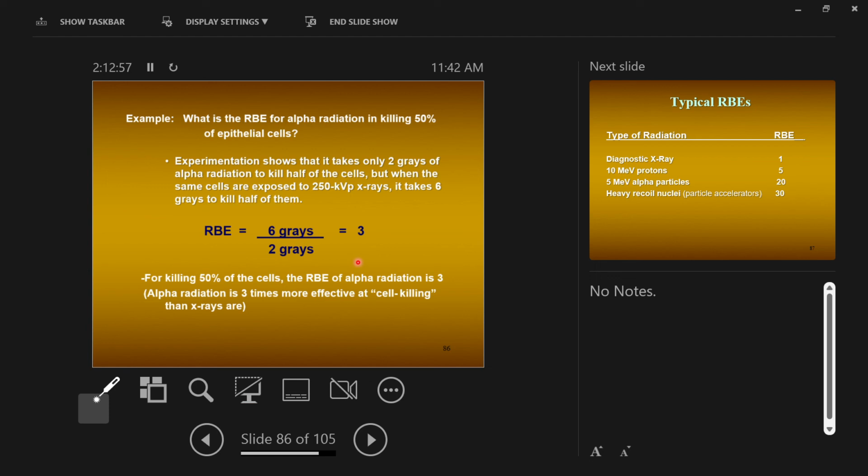That is to say, alpha radiation is 3 times more effective at cell killing than X-rays are. Alpha radiation is more harmful. Alpha radiation also has a higher linear energy transfer, so there's a relationship. If linear energy transfer is high, the relative biologic effectiveness should also be high.